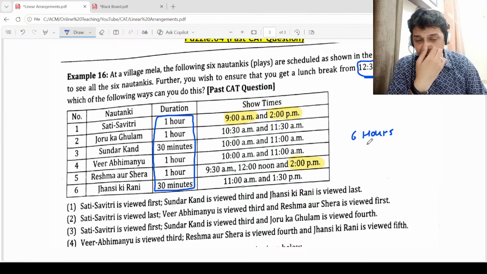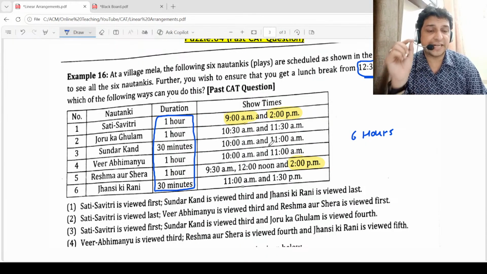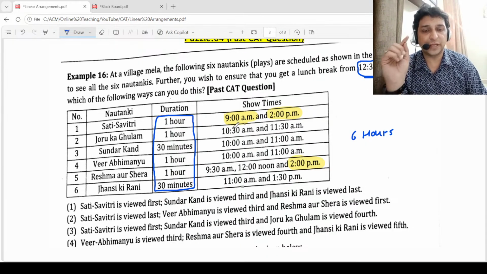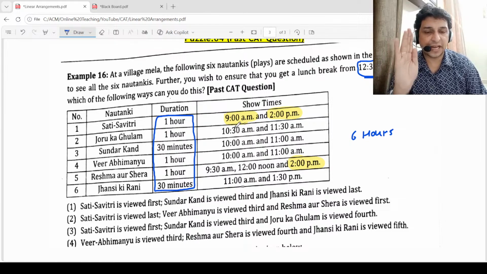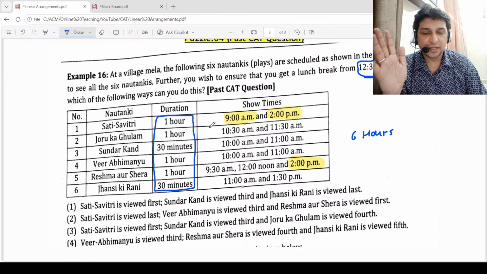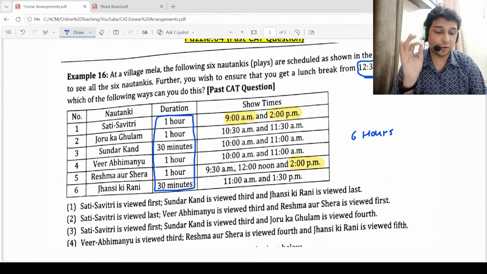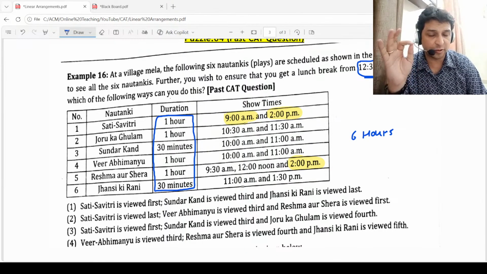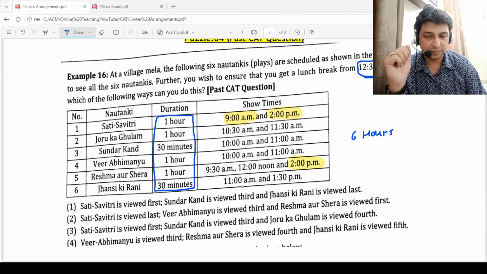So the 6 hours you have, that means you have to start at 9 a.m. and end at 3 p.m., and the last show which you can start is at 2 p.m. That means the first show which you have to see is Sati Savitri. There's no other option you can choose. That is quite clear.